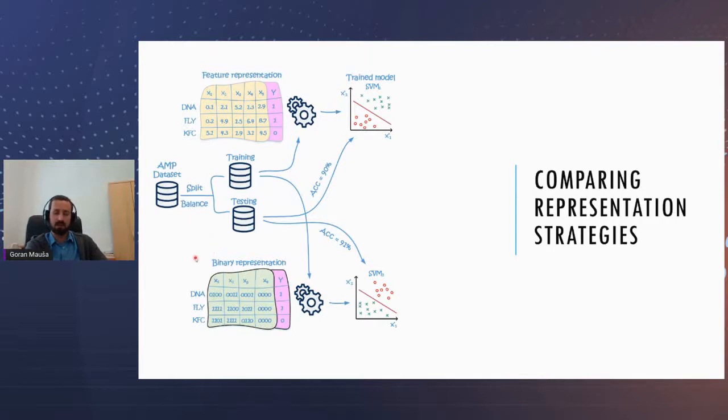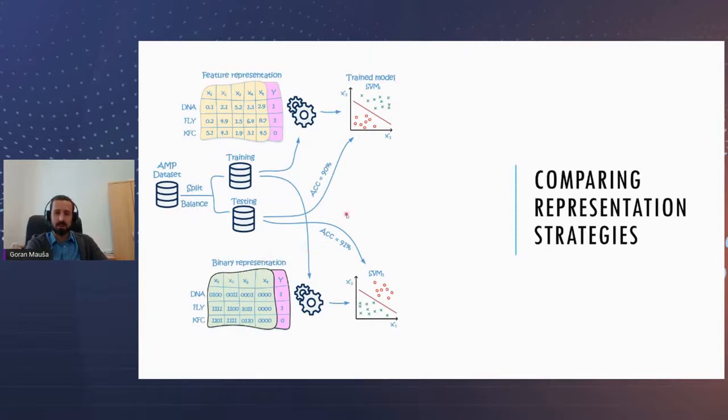So we will only say which amino acids are at each position. When we built these two models, we got an accuracy of around 90% for both of them. So again, very good with the training set.